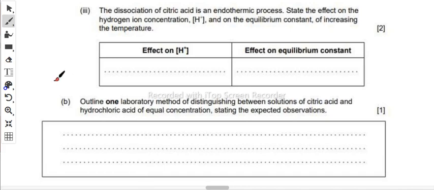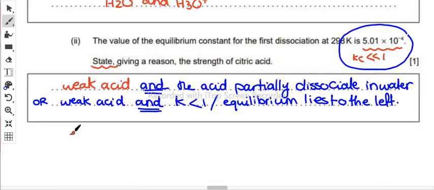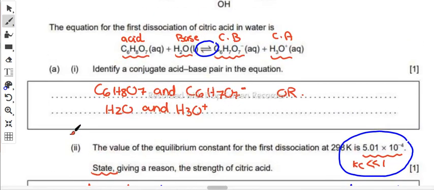So if I go back, this is my balanced chemical equation, and they are telling me that this is an endothermic reaction, so energy is a part of the reactants. If the temperature increases, in which direction will the chemical equilibrium shift? It will shift to the right.